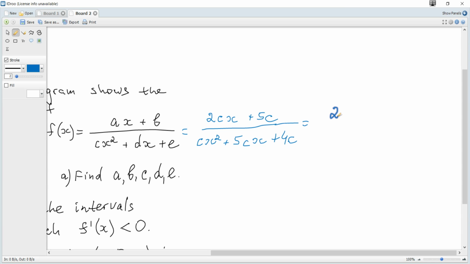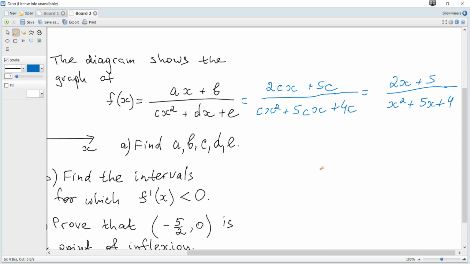So we get finally 2x plus 5 divided by x squared plus 5x plus 4. So a is 2, b is 5, c is 1, d is 5, and e is 4.